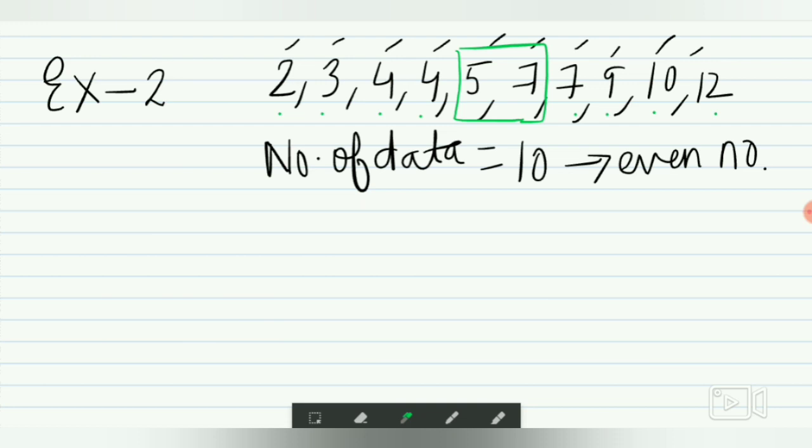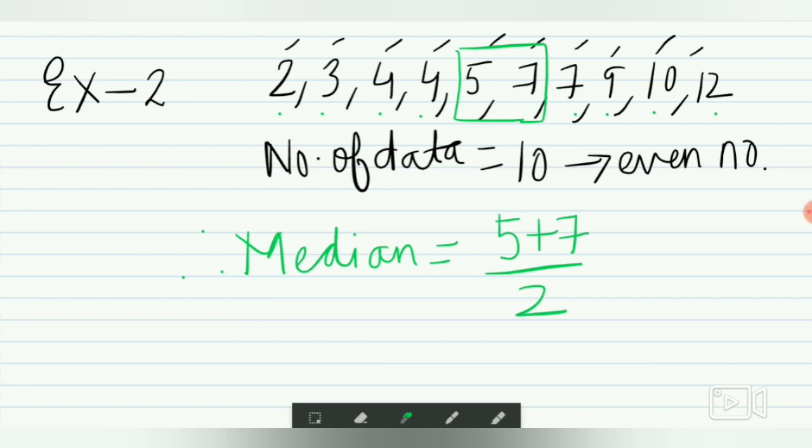So we will write that median is equal to 5 plus 7 divided by 2. When two numbers are in the middle, you have to add and divide by 2.